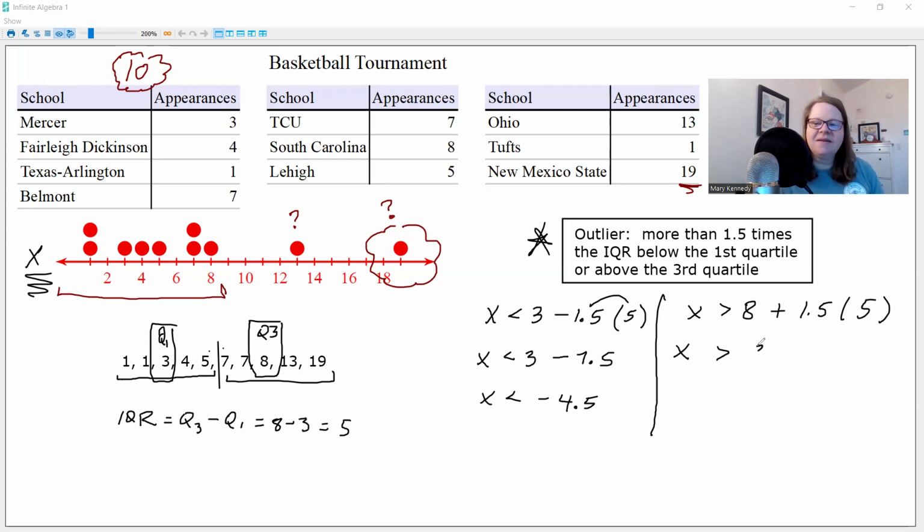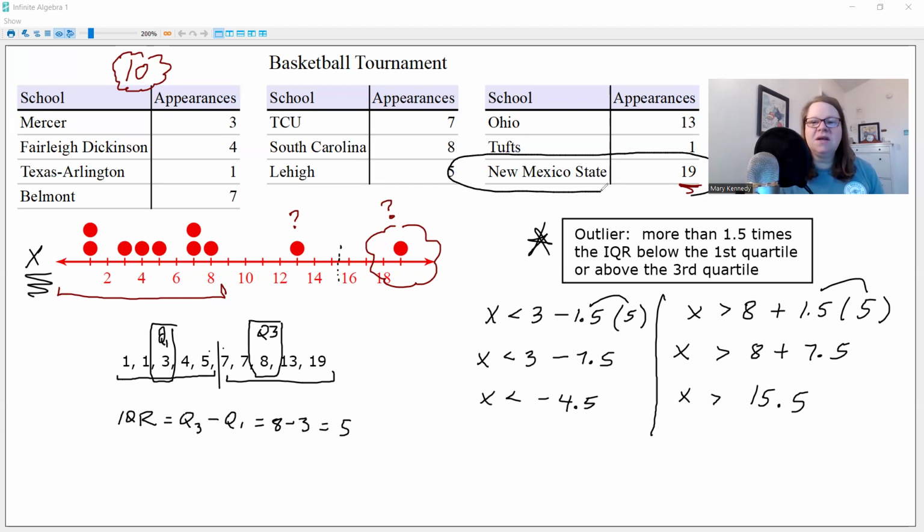So X is greater than 8 plus 7.5, because 1.5 times 5 is 7.5. And 8 plus 7.5 is 15.5. So anything greater than 15.5, which is about here, is an outlier. That confirms that New Mexico State appearing 19 times in this basketball tournament is an outlier.